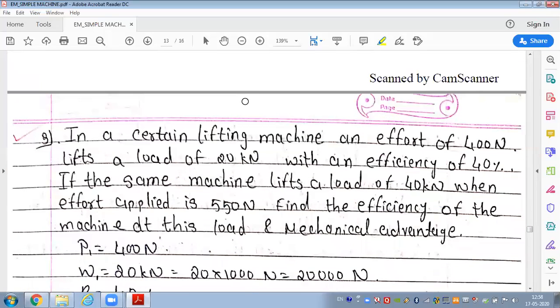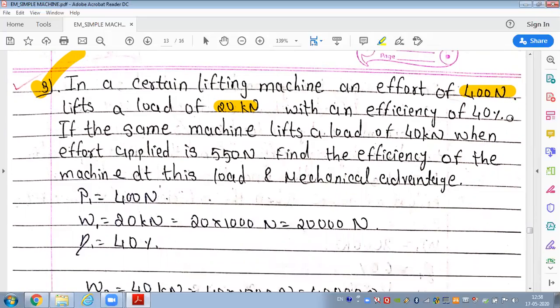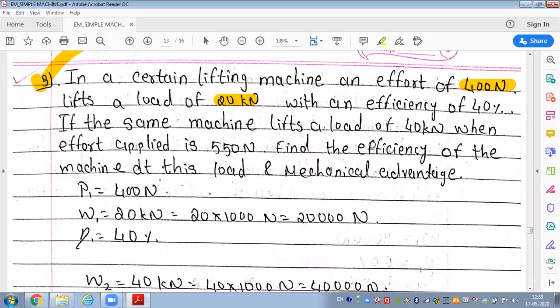Now focus on one more example. In a certain lifting machine, an effort of 400 Newton lifts a load of 20 kilonewton. First of all, focus on these two amounts. The first one is the load, 20 kilonewton multiplied by 1000.